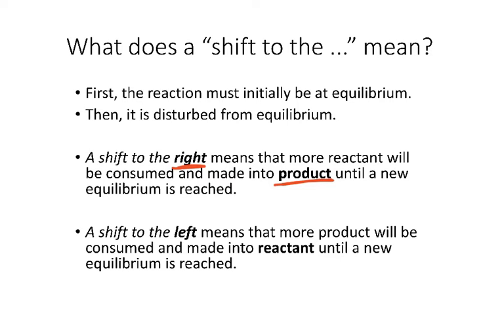So a shift to the right means shift to the product side, means make more product. A shift to the left means that the product will be consumed and made into reactant until a new equilibrium is reached. So shift to the left means shift to the reactant side, means make more reactant. Okay.